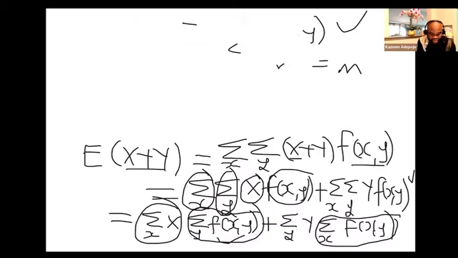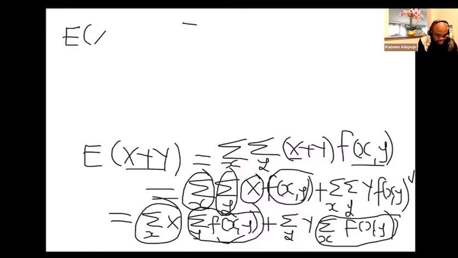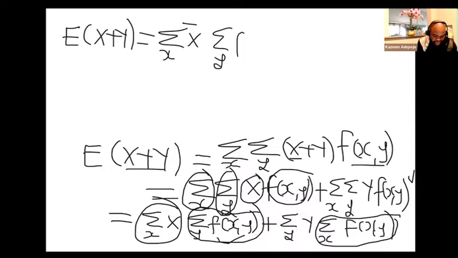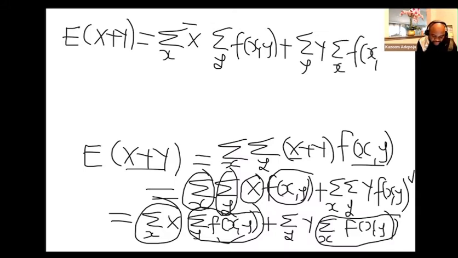If I want to rewrite, take a look at what I have now. Expected value of x plus y is basically summation over x, there's an x here, right? Then summation over y of f of xy, plus summation over y, summation over x, f of xy.